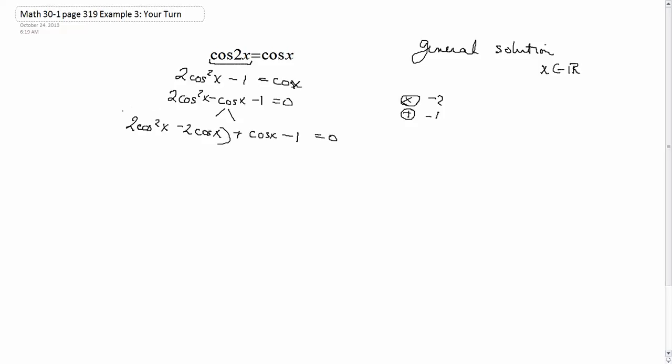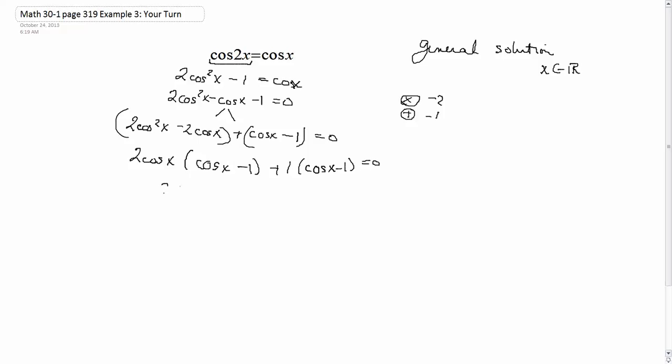Group our two factors. We have 2 cos x as a common factor. That leaves us with cos x minus 1 plus, and a common factor here of 1 only, and we're left with cos x minus 1, and all of this equals 0.